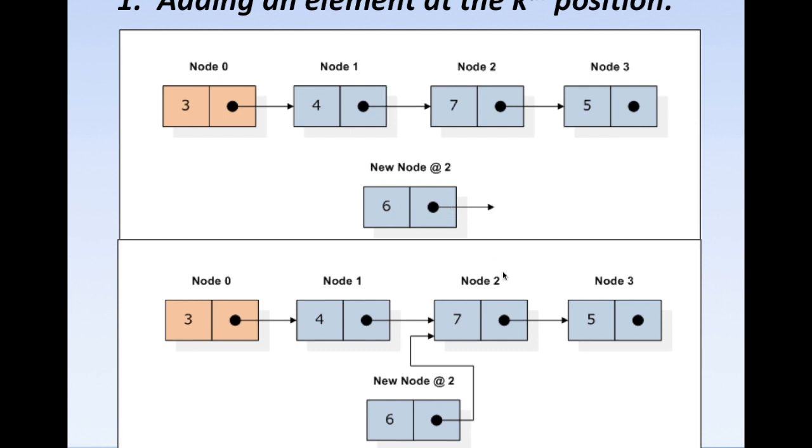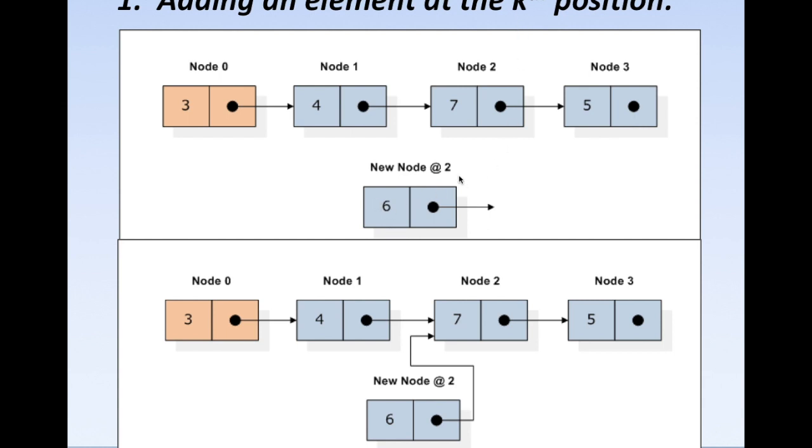So let's say we want to add a new node. As we said at the beginning, the steps that we're going to do are to add an element at the kth position, at any position, or at the beginning or at the end. So let's see how to implement those. We start with adding an element at any position.